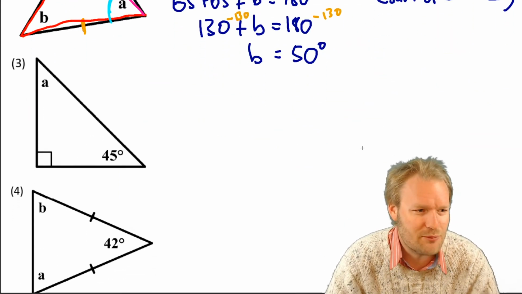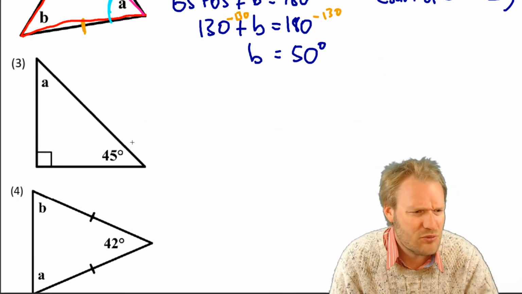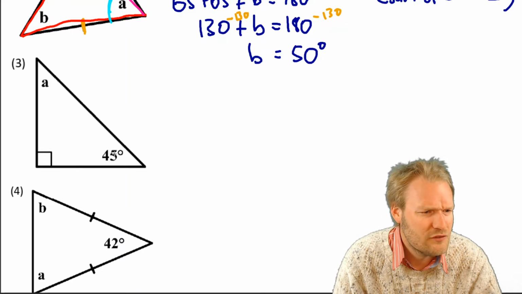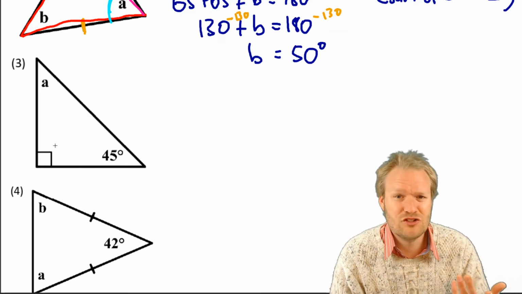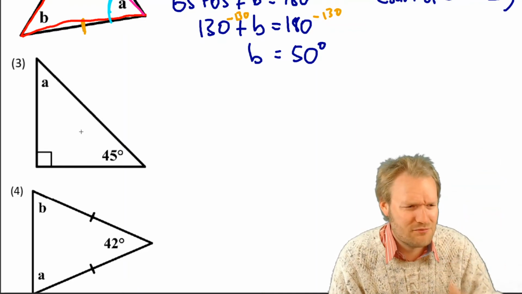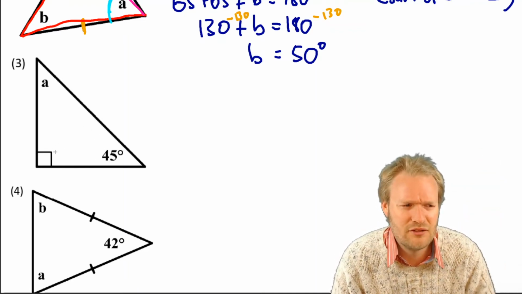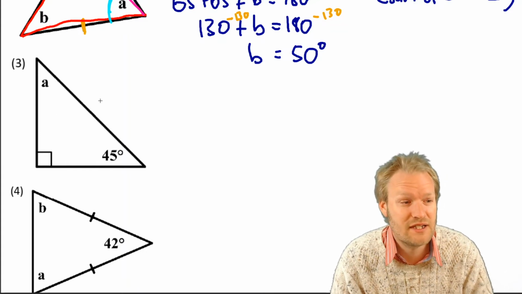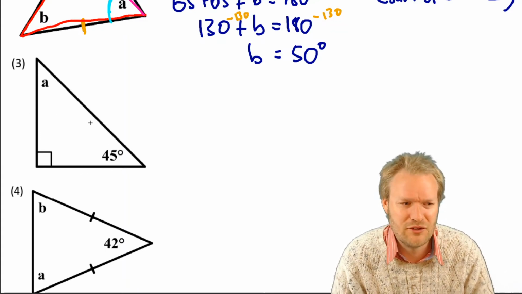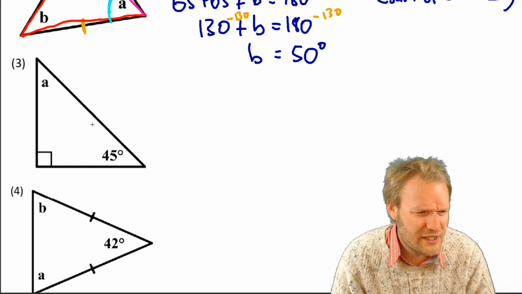So let's keep going onwards, upwards. Next one, third question. We've got 45 and a right angle triangle. Immediately I might think Pythagoras, but Pythagoras doesn't help us with angles. Pythagoras helps us get side lengths, but not angles, so nothing directly with Pythagoras.